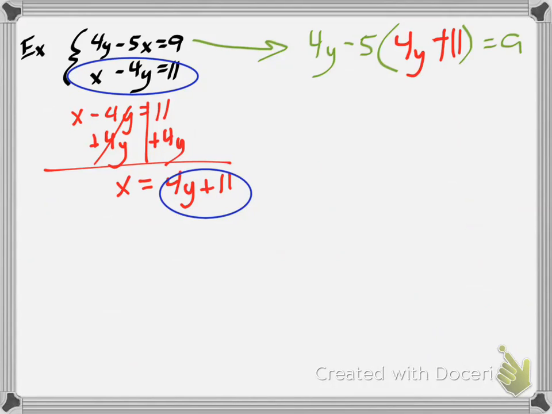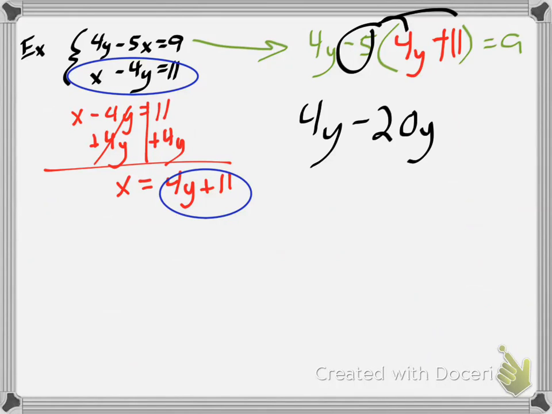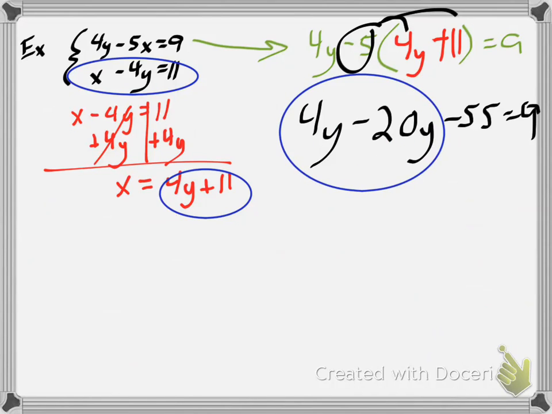Alright. Now I'm going to simplify it. 4y, then negative 5 distributes, so you get negative 20y minus 55 equals 9. I collect like terms with these two.